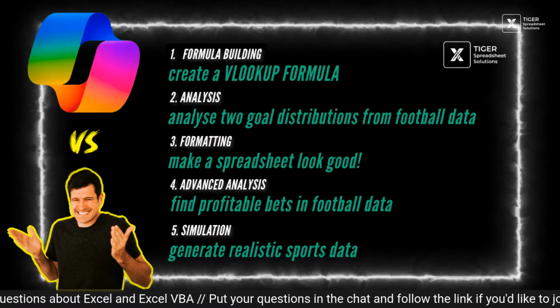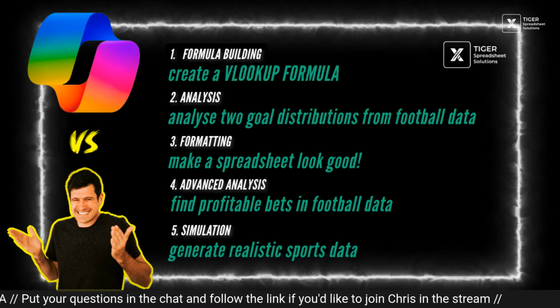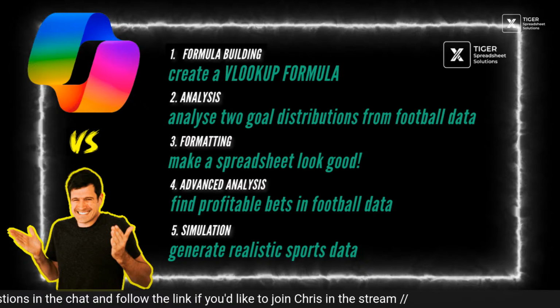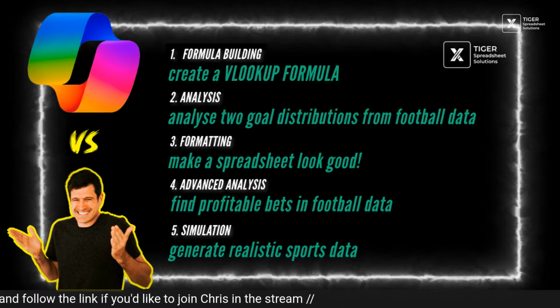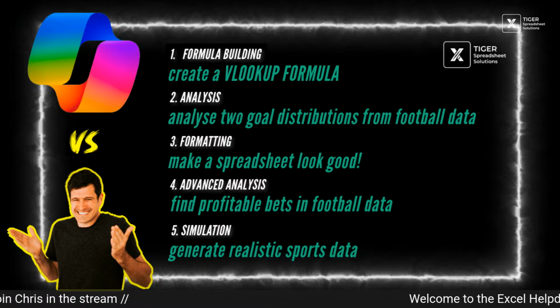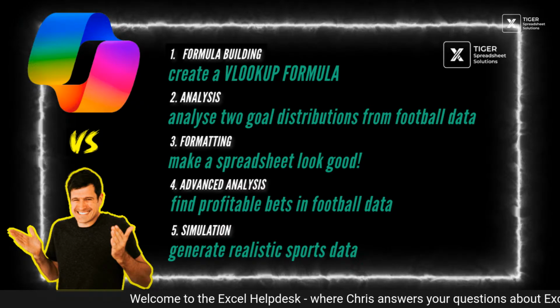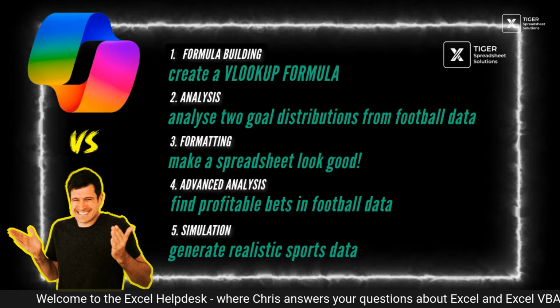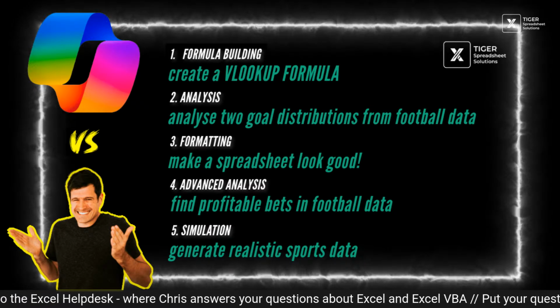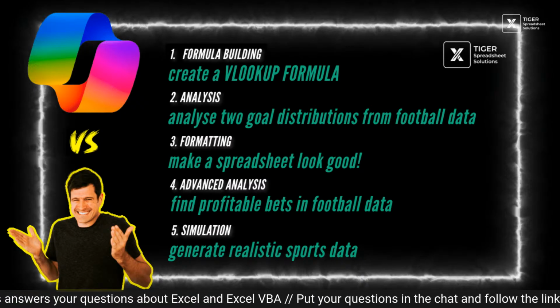And let's look at our agenda again. So we created a VLOOKUP formula. Well, I was a bit disappointed that Copilot wouldn't put the formula in, but it did create the formula. Very easy to copy paste the formula in. Analyze two goal distributions. What happened there? I can't quite remember. I did a simple analysis. Yes, we did get a basic analysis from Copilot, and it was basically accurate, but the visualization was disappointing.